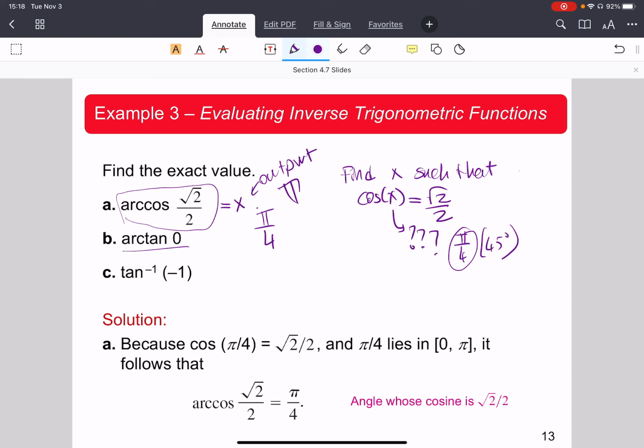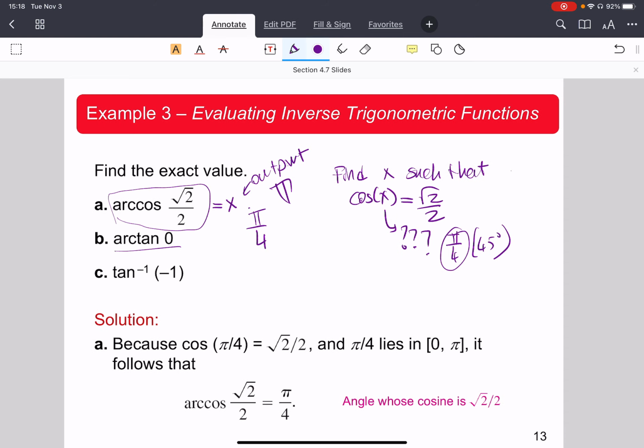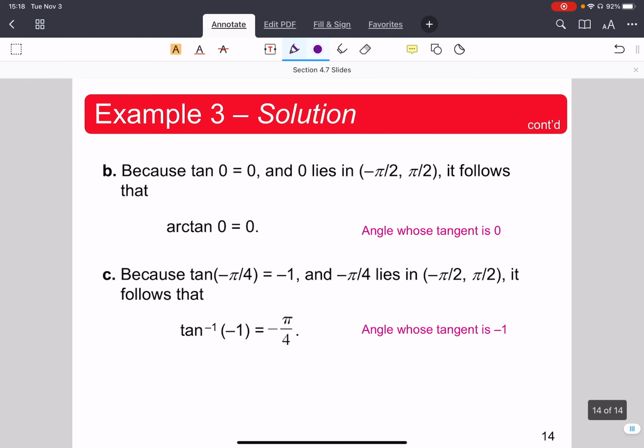Next, we're going to take a look at arctangent. So we need to find arctangent of 0. So we're going to think about the x for tangent that gives you 0. We know that tangent is 0 when the angle is 0, because tangent is sine over cosine. When sine is 0, then the whole thing is 0, right? Because if the top is 0, then the whole thing is 0.